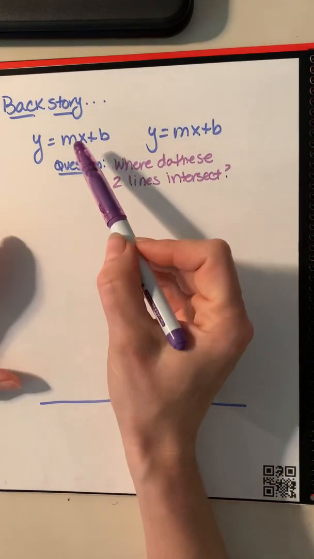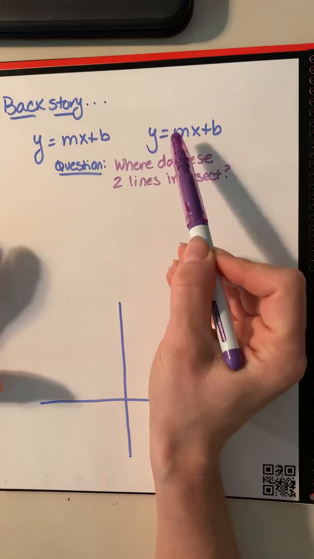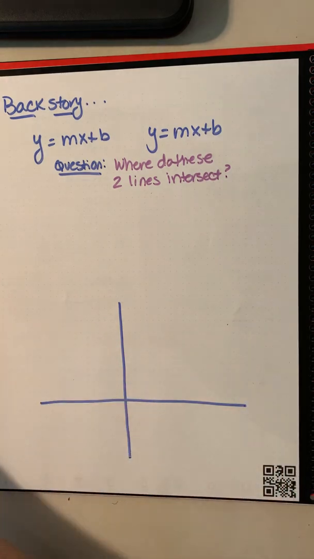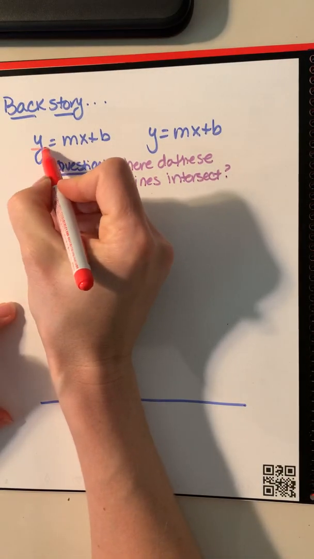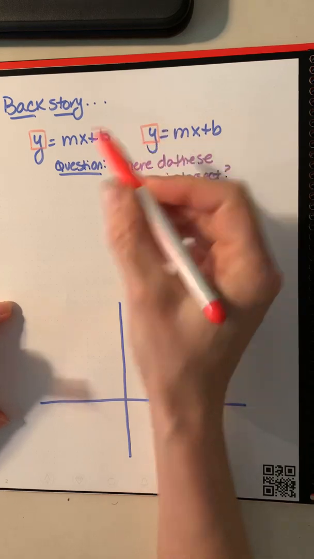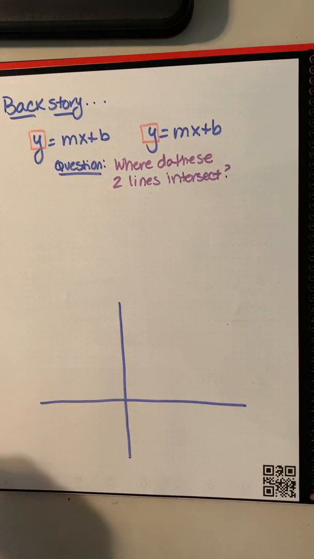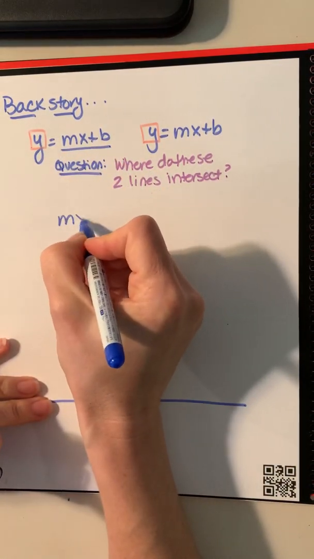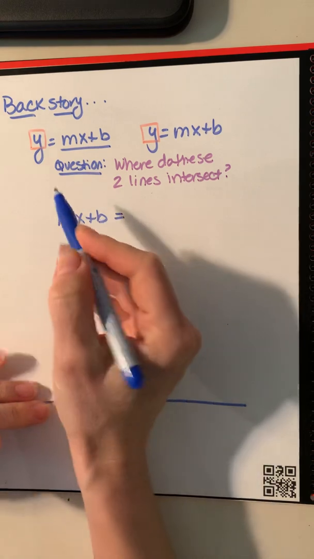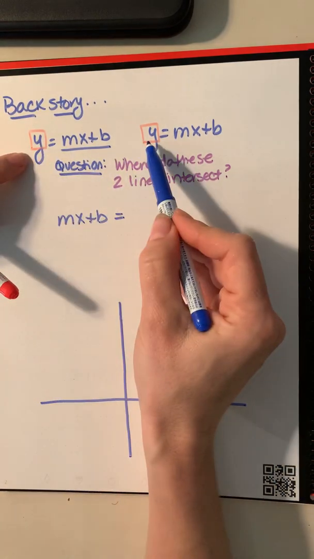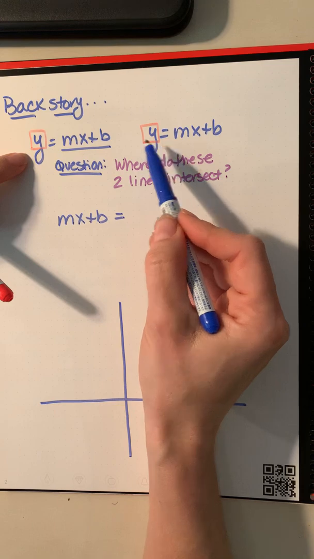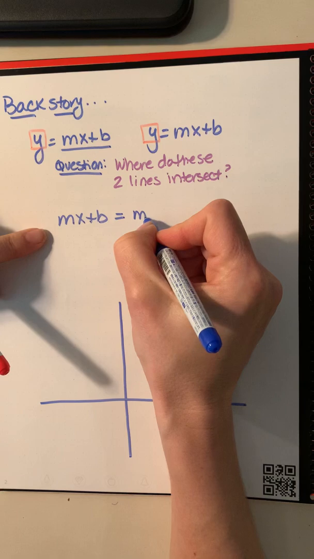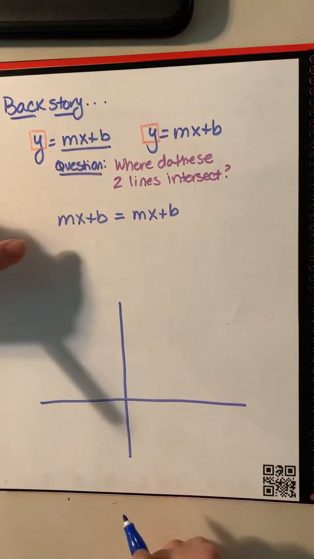And so really, by solving the equations, by setting them equal to each other, we're asking, where do they intersect? I want you to notice something. By setting them equal to each other, we are assuming that the y is the same thing. In other words, if I took this mx plus b and said it was equal to y, and these y's are the same thing, then this mx plus b can be set equal to this mx plus b.